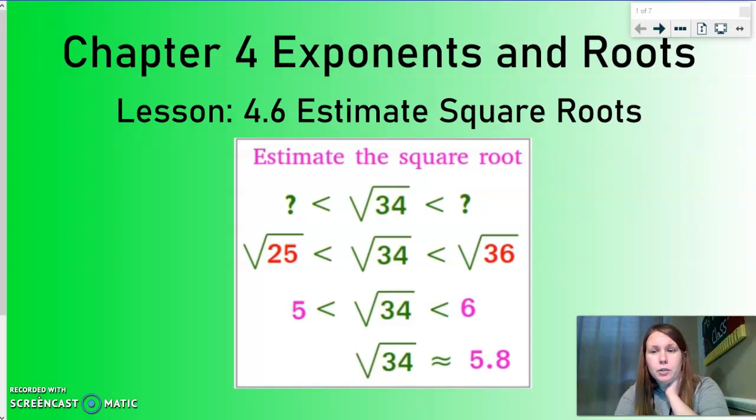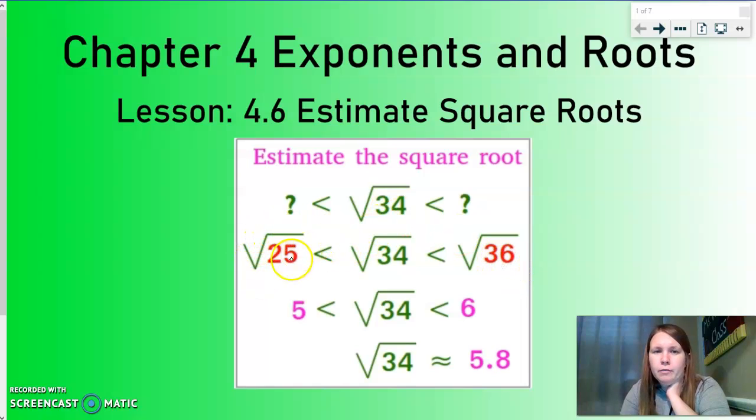They're asking for the square root of 34. Well, I don't know any number times itself that's going to be 34. I could take a different number times a different number and get 34, but I need the same number times itself. They're showing that 34 is in between the square root of 25 and the square root of 36.